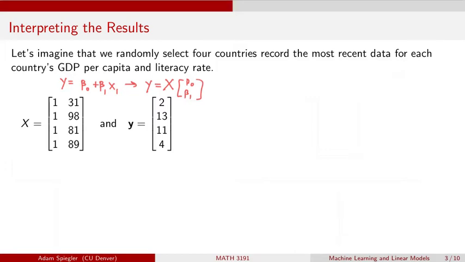We can represent this system of equations for all 4 observed values as a matrix equation where we want the response variable y, GDP per capita, to equal a matrix X, what we call the model matrix, where our observed data is. This first column of ones is there because our model contains a vertical intercept, which has a coefficient of 1 in front of it for every observation.